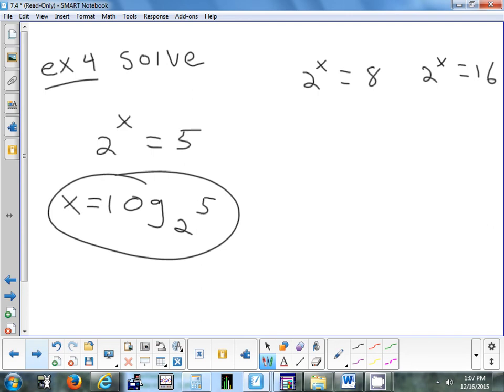Now, what if they wanted us to type that in? Can we type a base 2 in with just one button on the calculator? No. How can I rewrite that so I can type it in? So this was the very last thing we did yesterday.